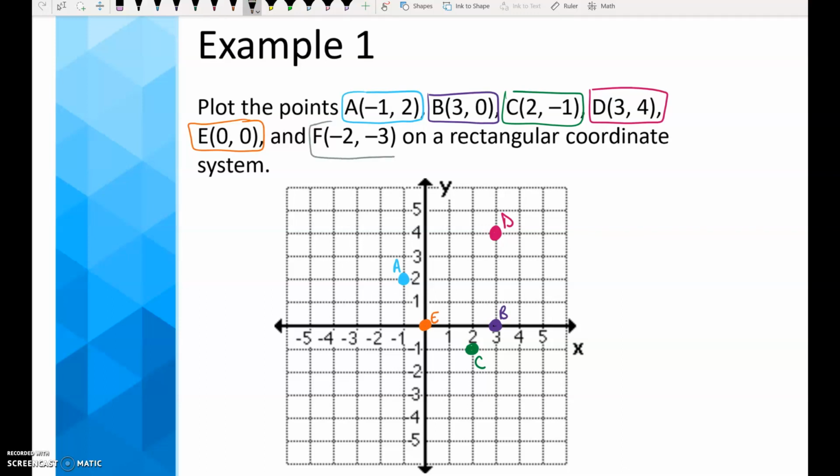And point F is -2, -3. It's right there. The biggest thing to remember is that ordered pairs are x, y. So you move on the x-axis first, then on the y-axis, or to make it super overly simple, sideways for the x's, up and down for the y's.